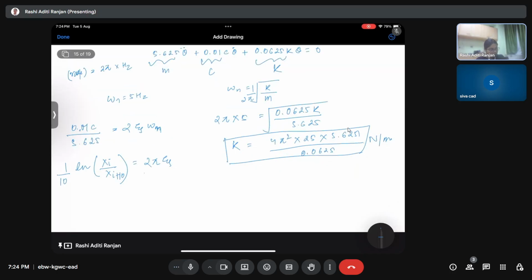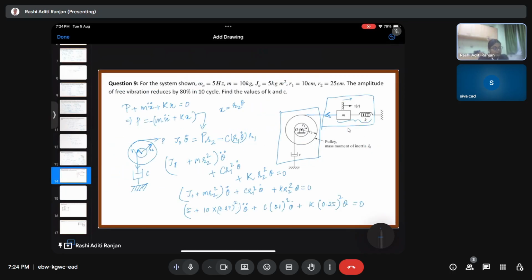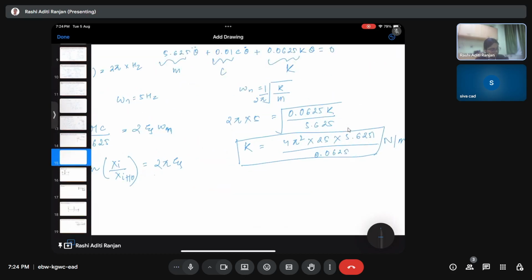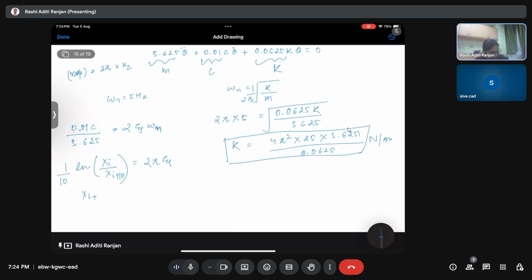Now, since we know over here that the amplitude of free vibration reduces by 80%, if it was x1, it reduces to 0.2 of x1. If it reduces by 80%, then xi plus 10 is nothing but 0.2 of xi. So we have eta as 1 by 2 pi into 10 into ln of 5. This will give us the value of eta as 0.02566, right?